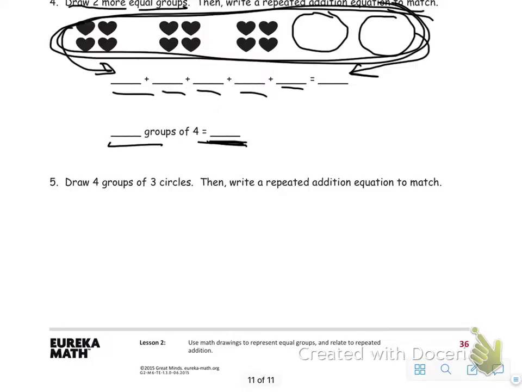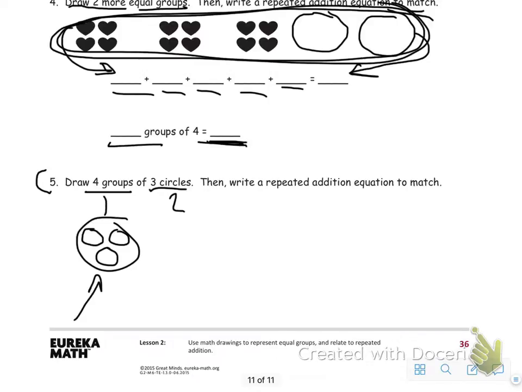Then down here on the very last one, on number 5, it says to draw 4 groups of 3 circles. So you want to draw 4 groups, and each group should have 3 circles in it. Okay? Then write a repeated addition equation to match. So what I would do is I'd go 1, 2, 3, and then make sure that I have 4 of these groups, because this is just one group right here.